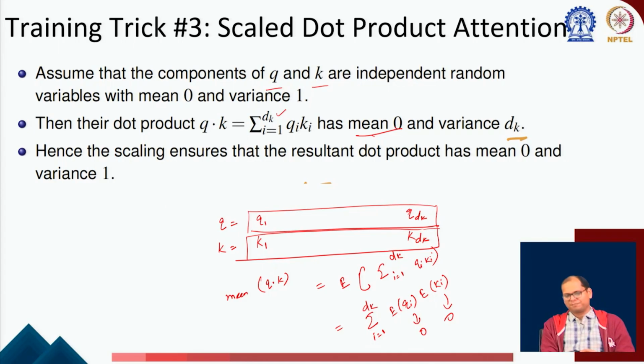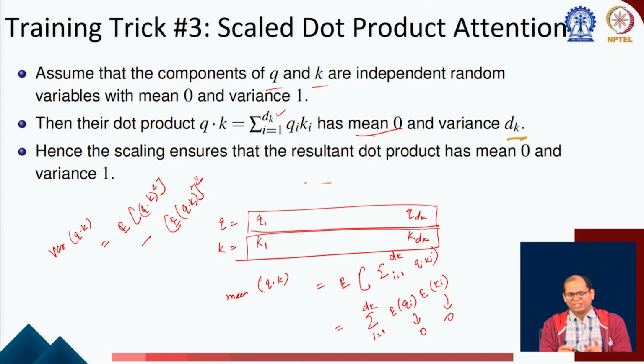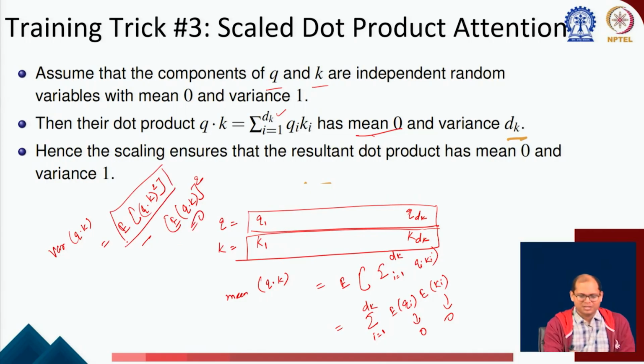Okay, this is easy. But the variance, how do I compute the variance? What will be the variance of q dot k? This will be the expectation of (q dot k) squared minus (the expectation of q dot k) squared. Now, we have already computed that the expectation of q dot k is 0, so we just have to worry about the first term. What is that?